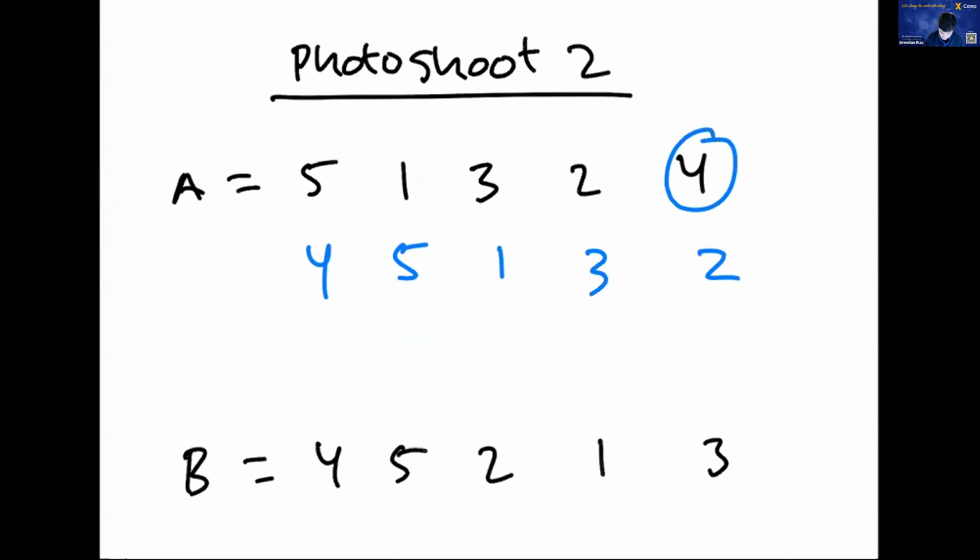Then I look at what's missing, and I can see that my 2 is still out of place. It belongs in between 5 and 1, so I'll move it there. What we'll get is 4, 5, 2, 1, 3. That is the minimum amount of work I need to do to get to my answer.